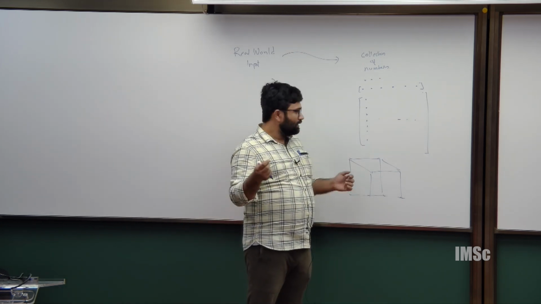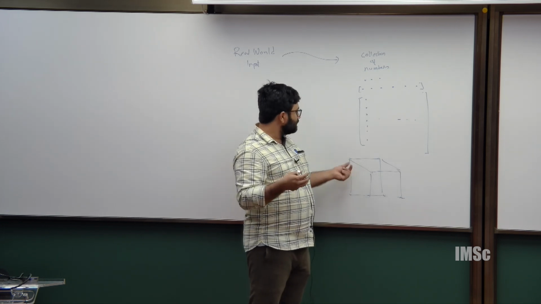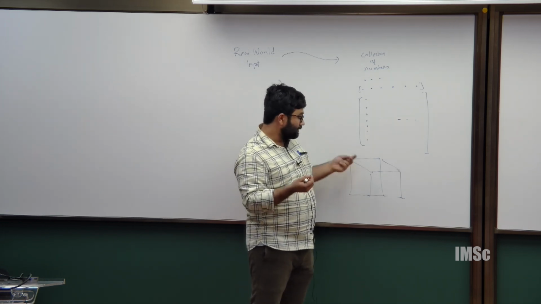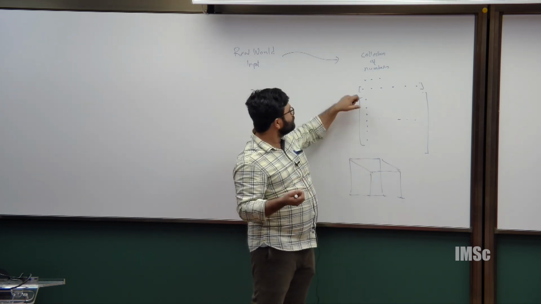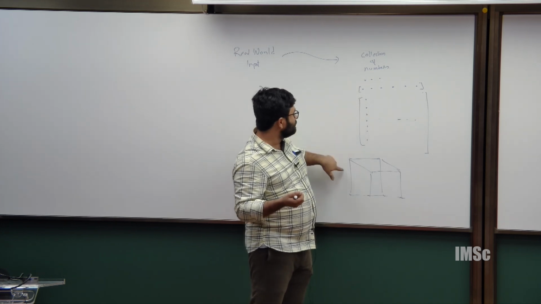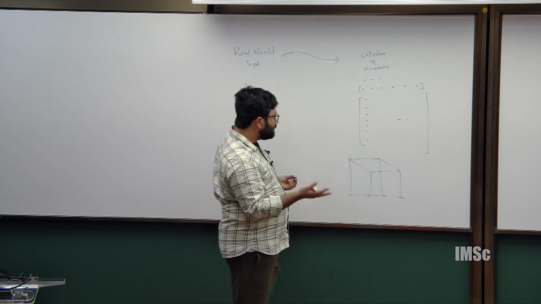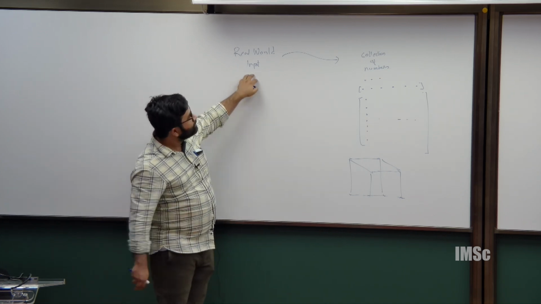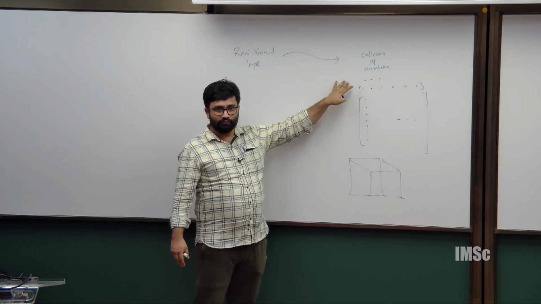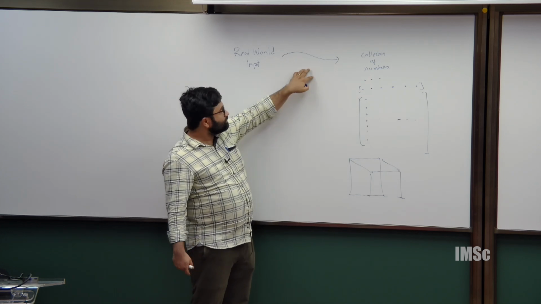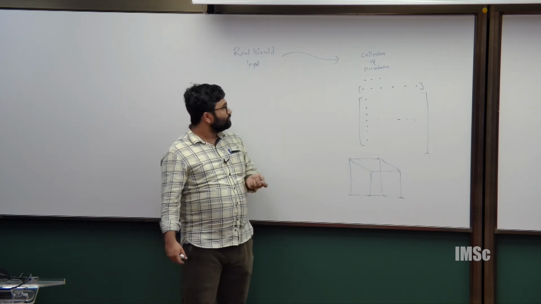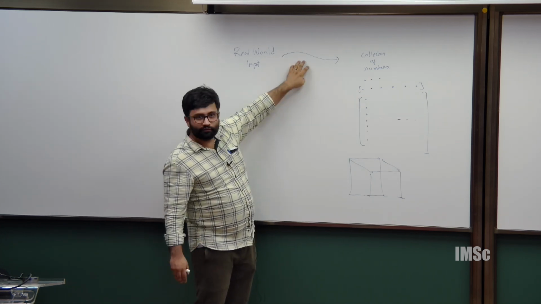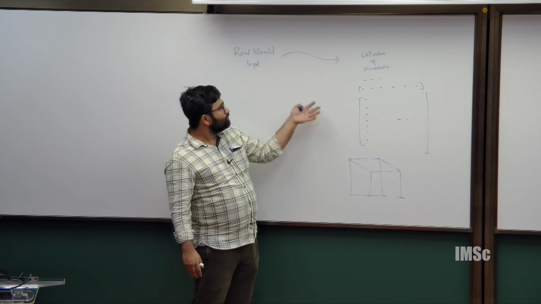What dimension the tensor should be, whether 0, 1, 2, 3, 4, 5, all these things you have to decide when you go from a real world input to a collection of numbers. And this step itself is very crucial. Today I'll start by focusing on this step and then we will go on to other things.